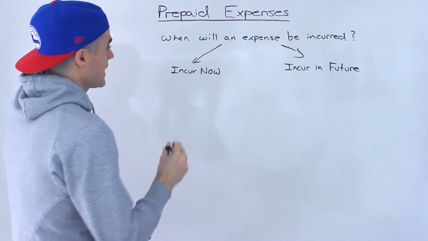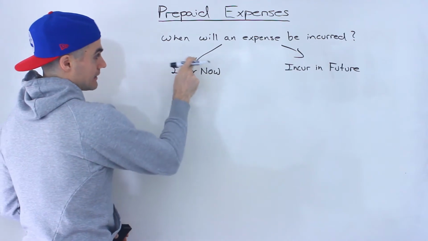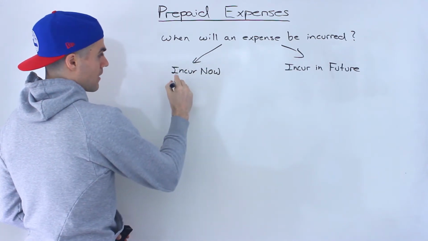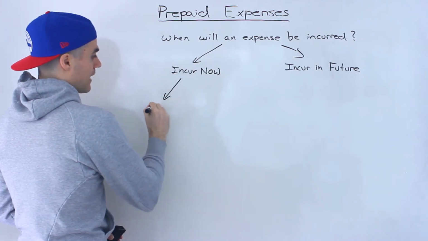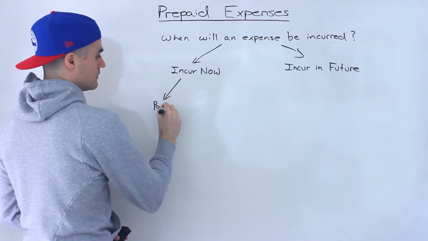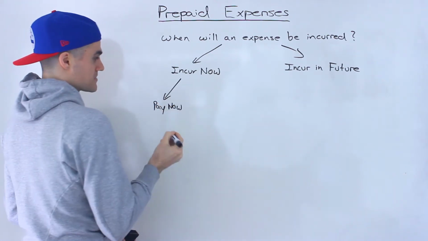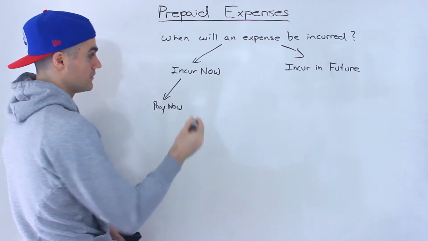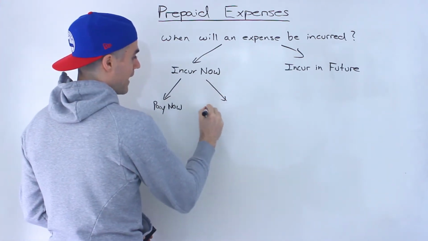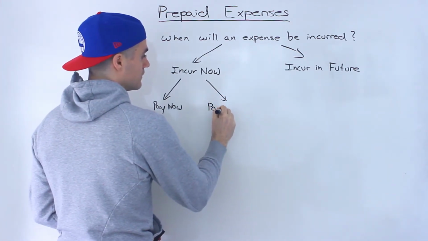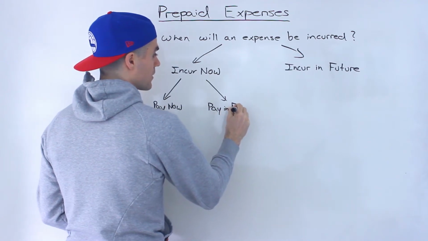And then in both of these cases, what can happen is, let's say you incur an expense now. Well, either you can pay for that expense now in that period, or you can pay in a future period.